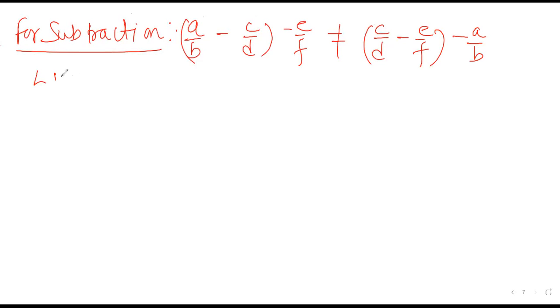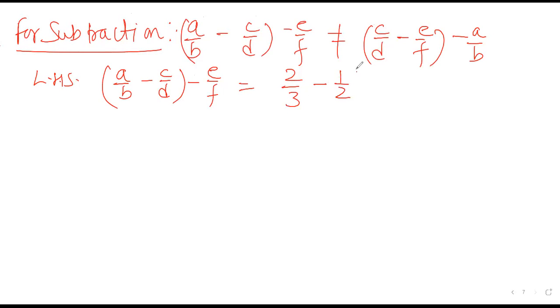Left hand side is A upon B minus C upon D and minus E upon F. Putting the values, 2/3 minus 1/2 and minus 1/3. Firstly, we solve this bracket.